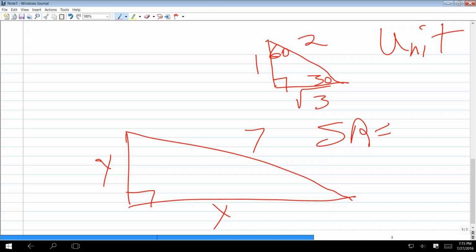How much bigger is the bigger triangle versus the smaller triangle? 3.5 times?